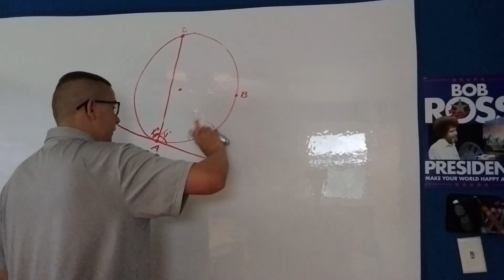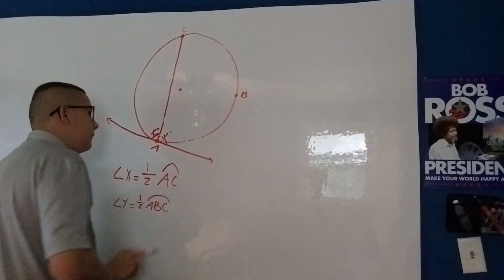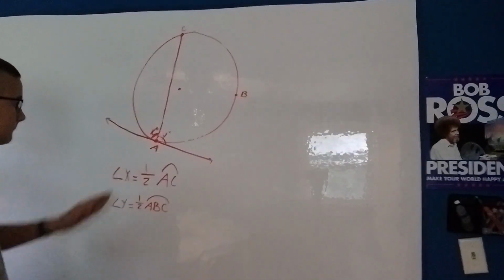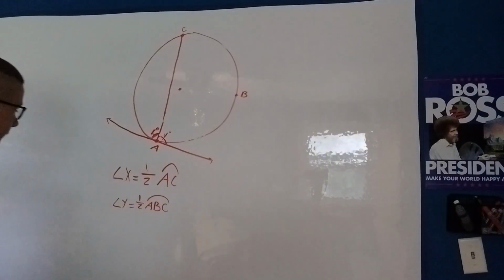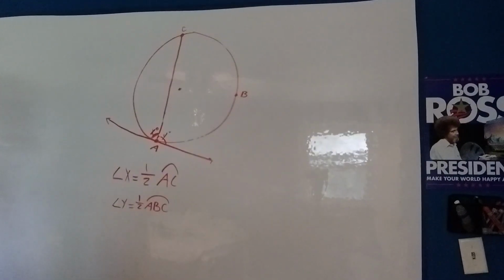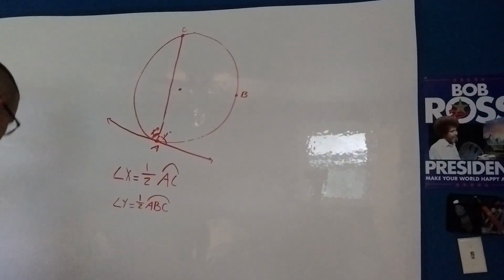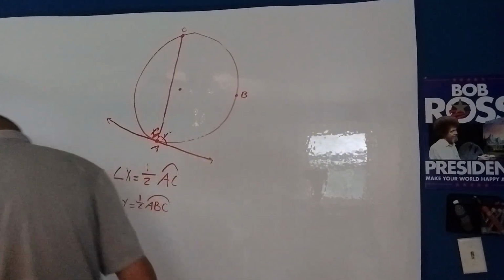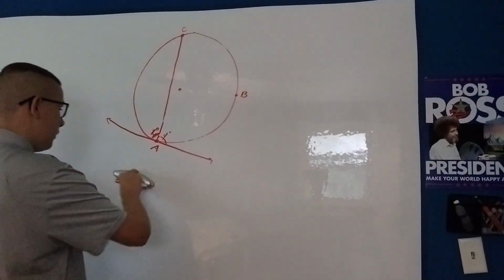That angle is always going to be half of this big arc here, like that. So I read to you the technical mathematical definition. You can write it however you want if you're taking notes. And I'll give you just a few examples to work through.